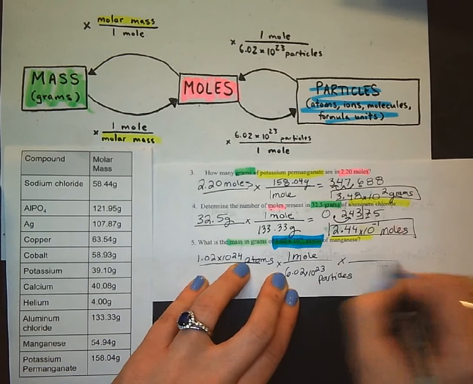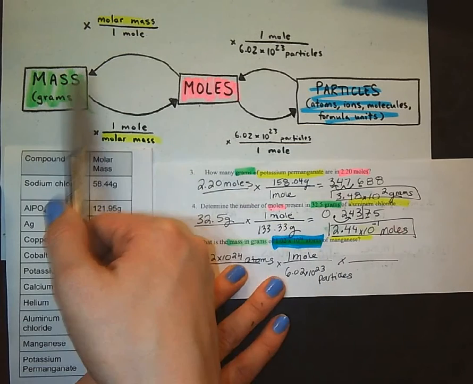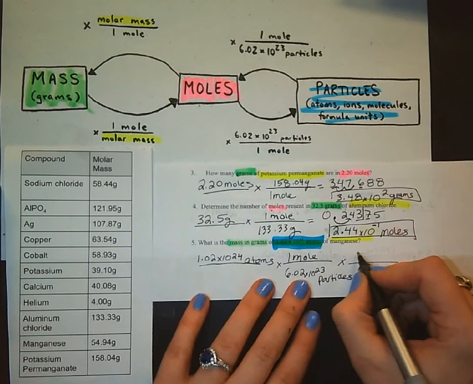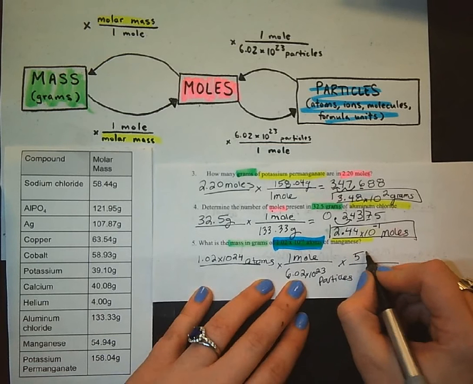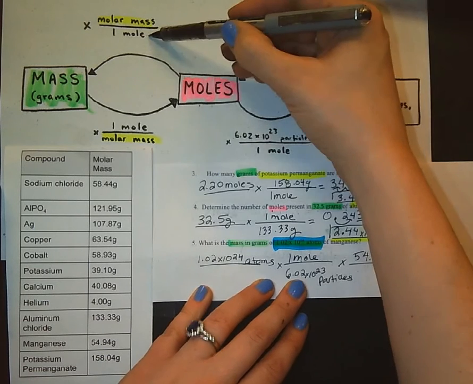Last step, because that just got us to moles, and we need to get all the way to mass. Go ahead and plug this in. So the molar mass of manganese is on your sheet, 54.94 grams over 1 mole.